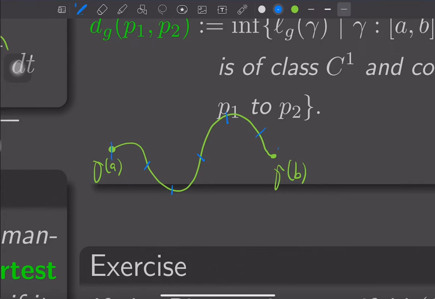At the points of the partition, let's say you go with the leftmost and take the derivative. It could be its tangent, and it could be very long or very short, depending on how the curve is parametrized.